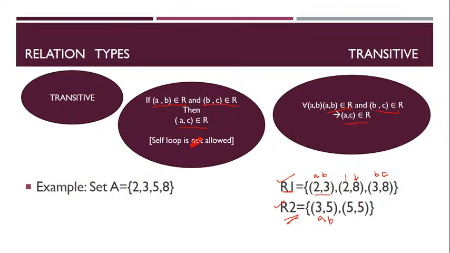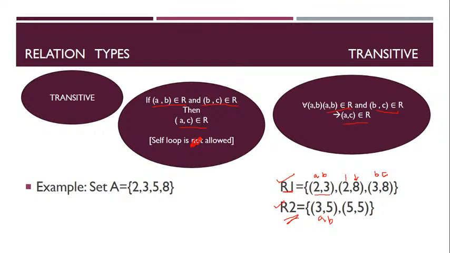Please make this point clear. That is very important, because sometimes it creates too much confusion. If a relation is following a rule, then it's a certain type of relation, and as well if the relation is not violating a rule, then it is also considered a certain type of relation. Here R2 is not violating the transitive property.